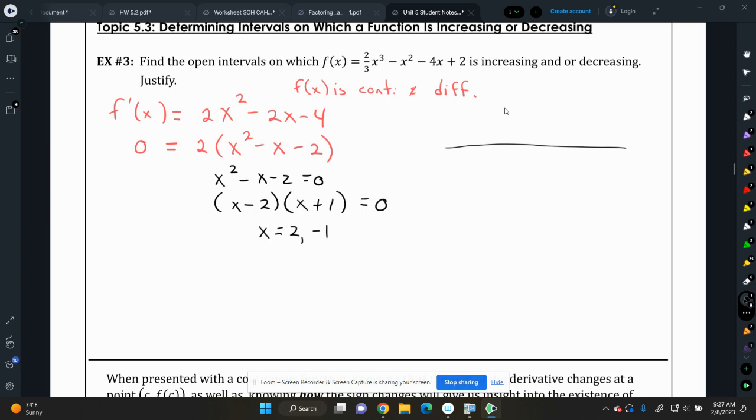It doesn't mean it is, because it could be going like this, right? That's increasing the entire time. But these are the possible places that it might be changing. So we put them in order, lowest to highest, right? X equals negative 1, and then 2.